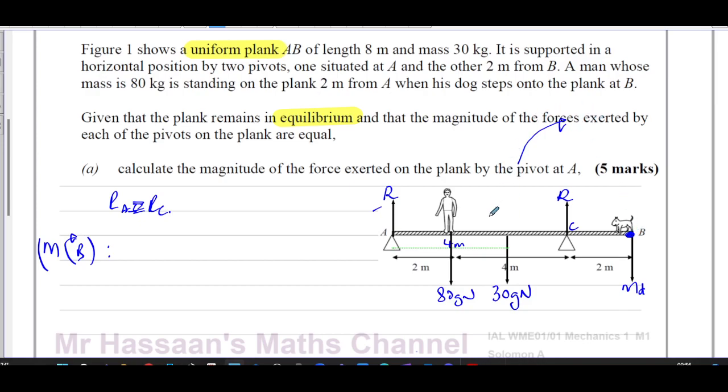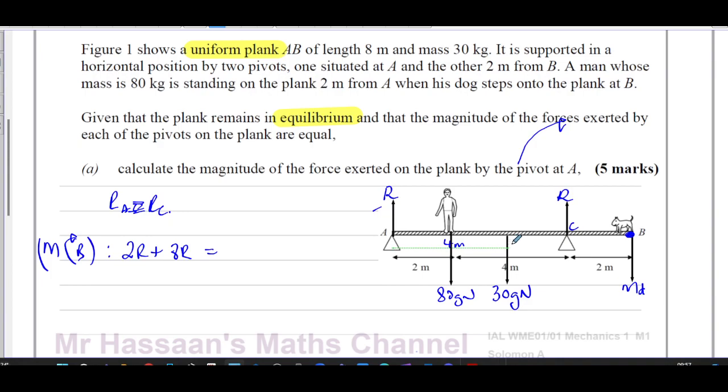Now we can see that we've got this distance here, which is 2 times R, plus this distance here, which is 8 times R. Those are the clockwise moments. And they must be the same as the anti-clockwise moments, which will be caused by these two forces here. Of course, this one is going to be 0.